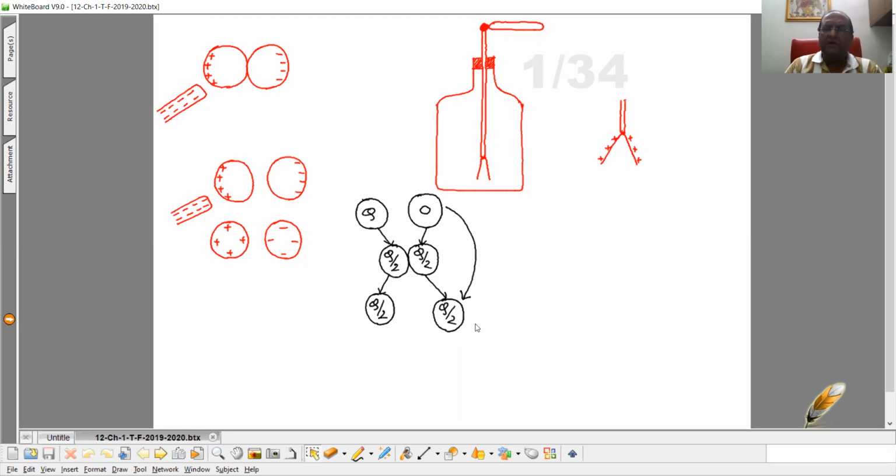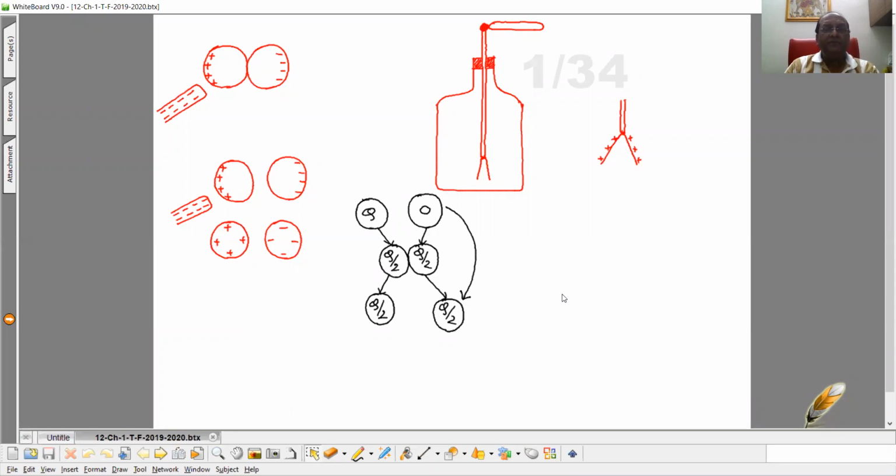If one glass rod is suspended with the help of silk thread, which is rubbed with silk cloth, and we take another glass rod, which is also rubbed with silk cloth, and we place those two close to each other, then we can observe they repel each other. So these two rods repel each other.